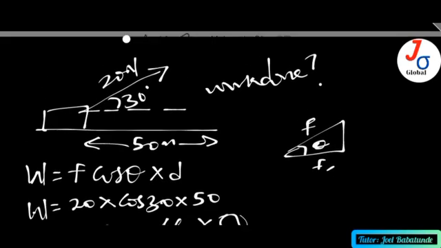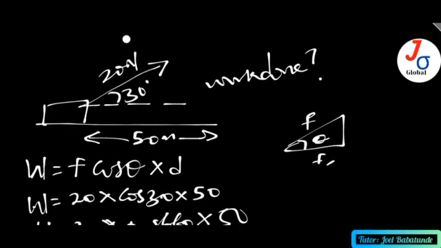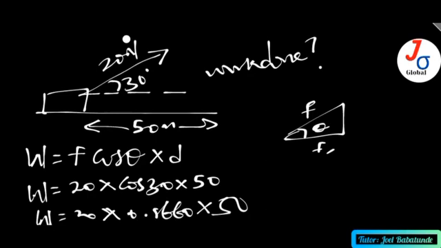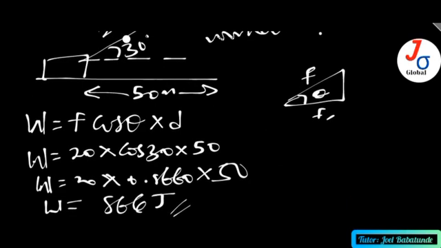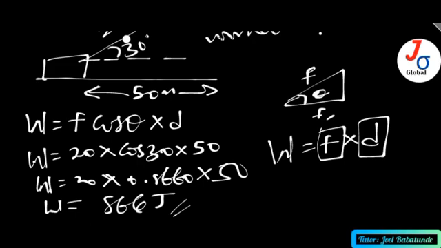So we looked at two cases in this calculation of work done. The first case is W equals force times D, and this is where the direction of the force and the distance are in the same direction.